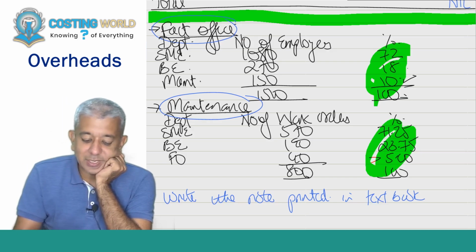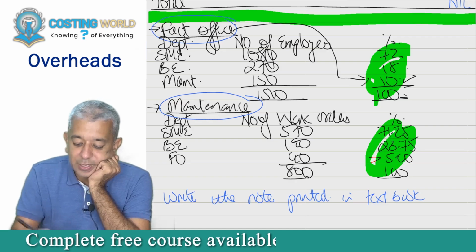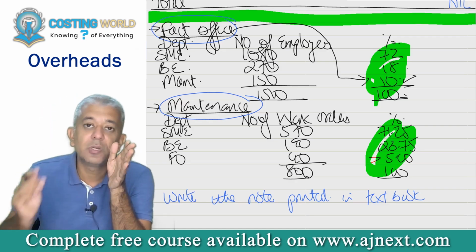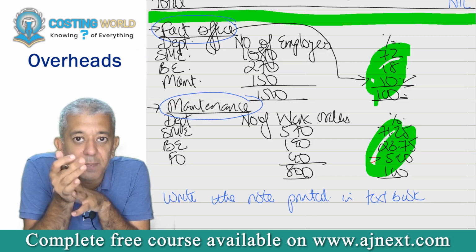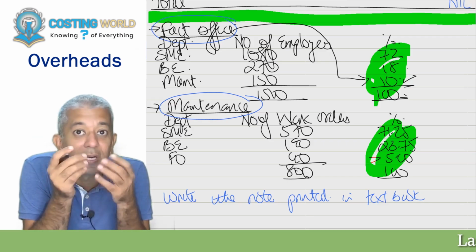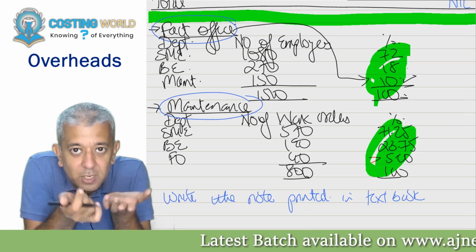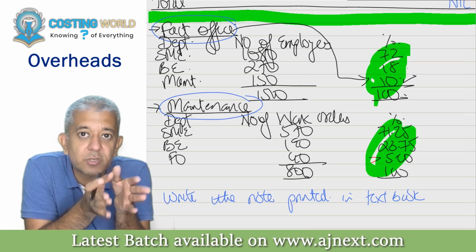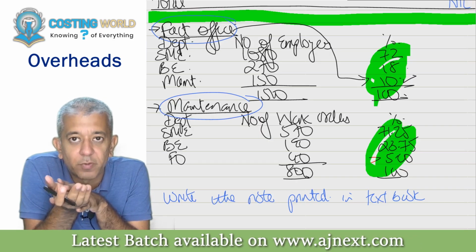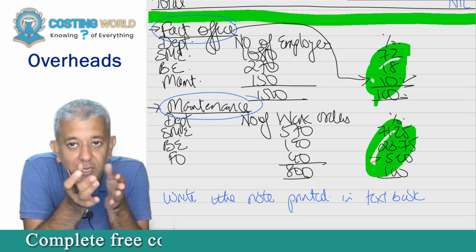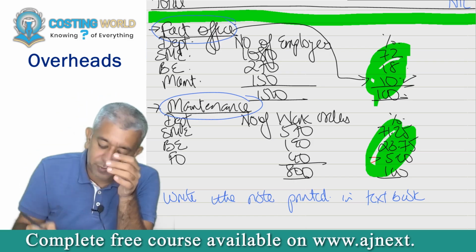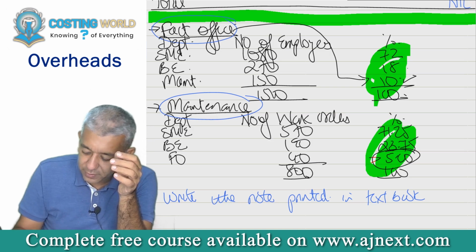Beta, this 10% is FTO serves maintenance to the extent of 10%. So factory office 10% cost will be borne by maintenance, but that is not my meaning of X. My meaning of X is total overheads of factory office. Total overheads of factory office will be its own overheads plus how much maintenance gives to factory office, that is 0.05.